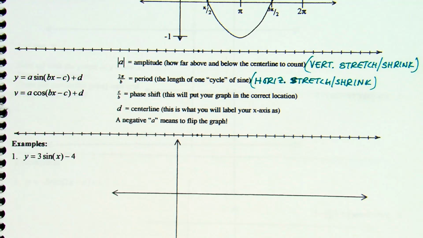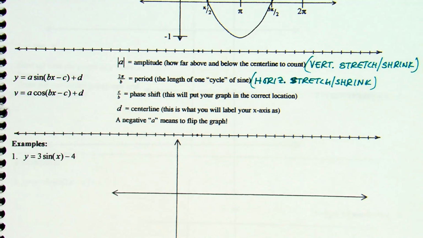C divided by B is what we call a phase shift. That means sine, and maybe instead of starting at 0, 0, maybe it scoots left or right some. This is a phase shift, and if it's scooting left or right, this is equivalent to saying horizontal translation.